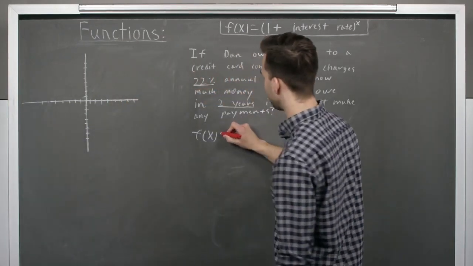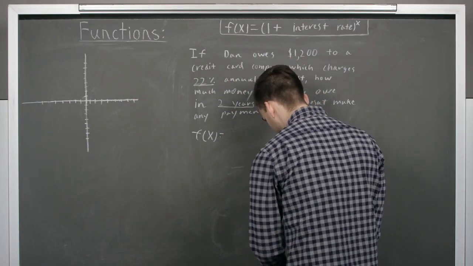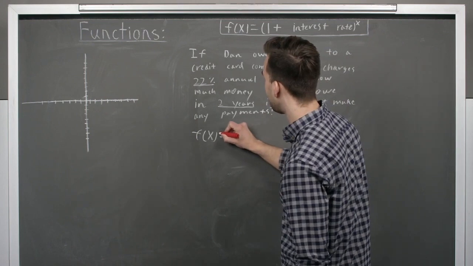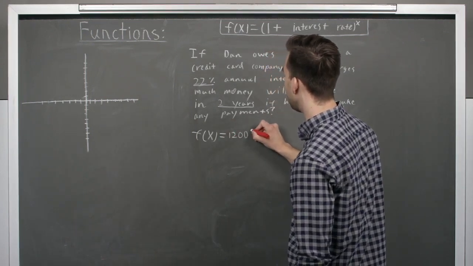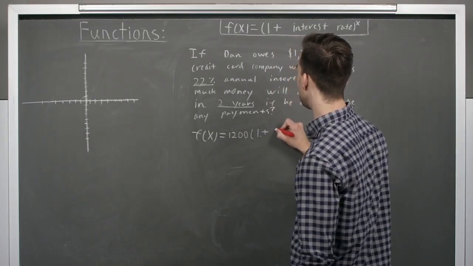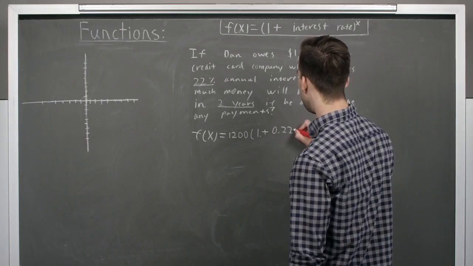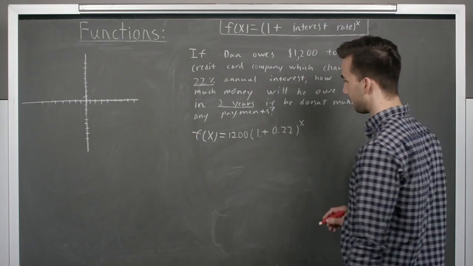So we can write an exponential function with the interest rate of 0.22. We have our initial amount that he owed, $1,200, times 1 plus the interest rate of 0.22, to the power of the amount of years, so our variable x.